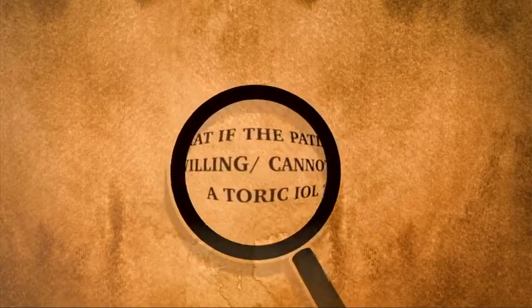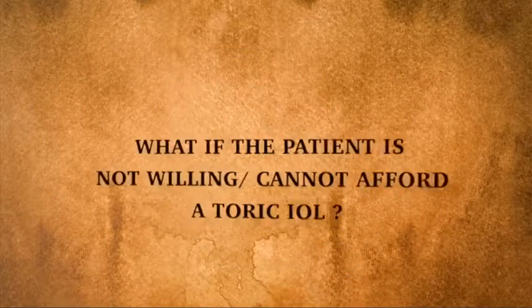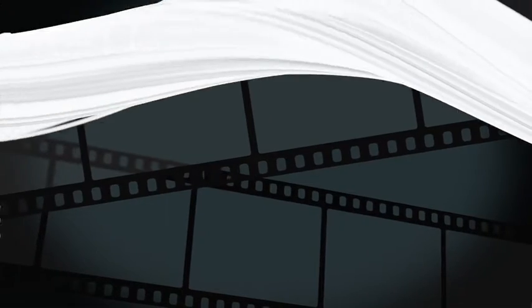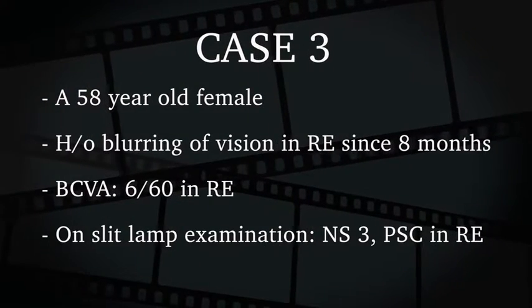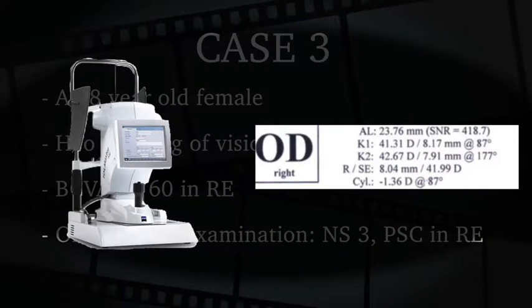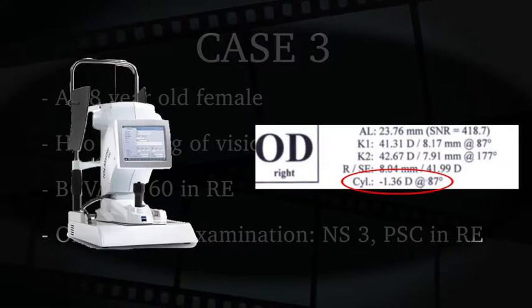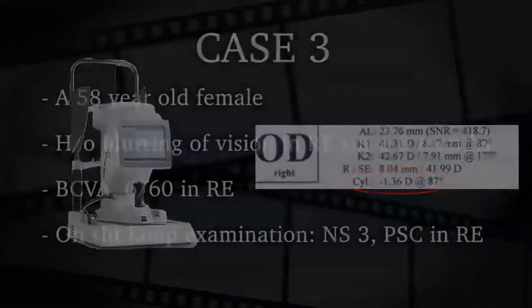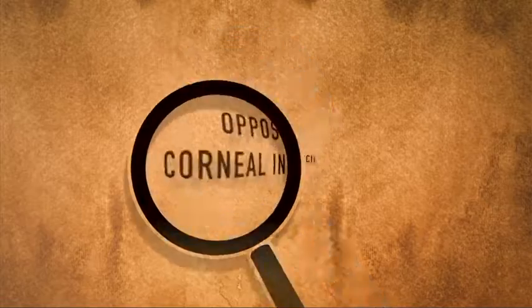A dilemma which we can face is, what if the patient does not want or cannot afford a toric IOL? Thus, looking at this case example of a 58-year-old female with cataract and a cylinder of 1.36 diopter at 177-degree axis, a penetrating OCCI was planned for this patient.